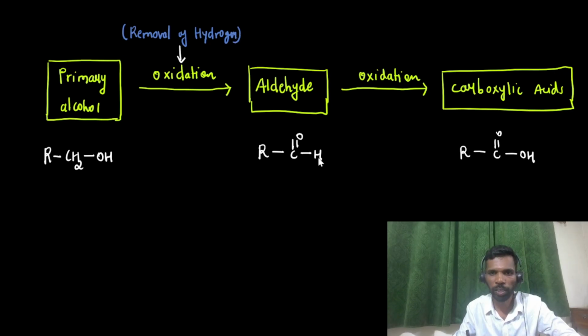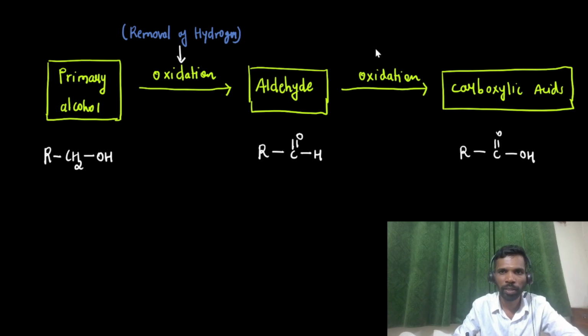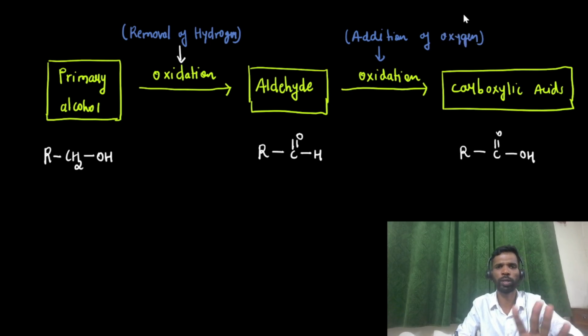Now you see from here to here, RCHO, that is aldehyde, is converted to RCOOH, that is carboxylic acid. This process is also oxidation, because there is addition of oxygen. Extra oxygen is there in a carboxylic acid. That's why this is oxidation.